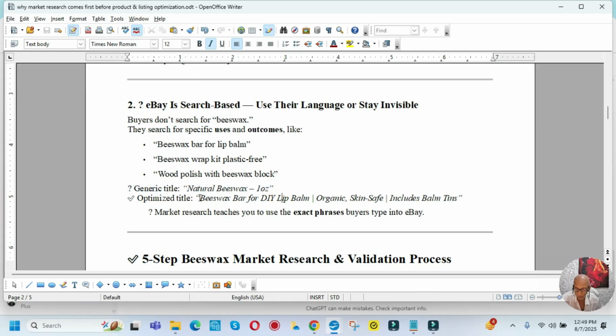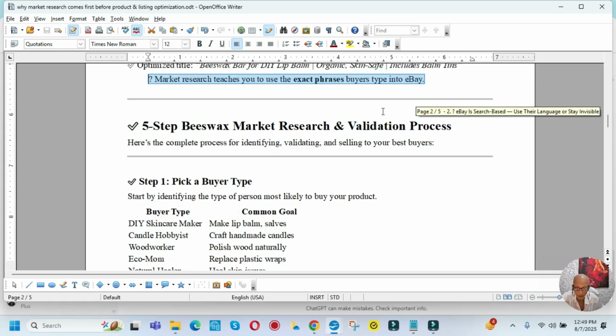But an optimized title might say beeswax bar for DIY lip balm, organic, skin safe, includes balm tips. Market research tells you to use the exact phrases buyers type into eBay. That means you're going to be found by the algorithm, by eBay, and also on Google. When somebody types that in, your listing could possibly show up for the keyword phrase they typed into Google.